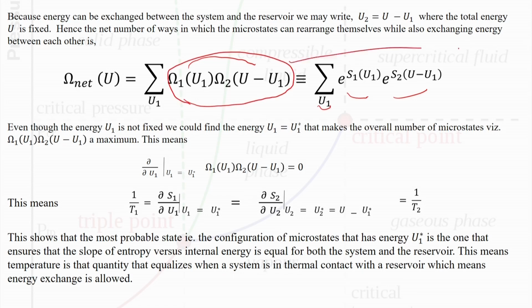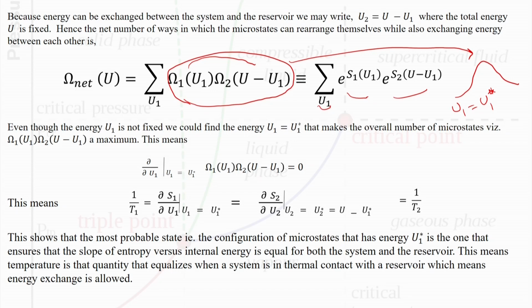If I plot this product as a function of U1, it is going to peak at some U1 star, which I refer to as the most probable value of the internal energy of my system.